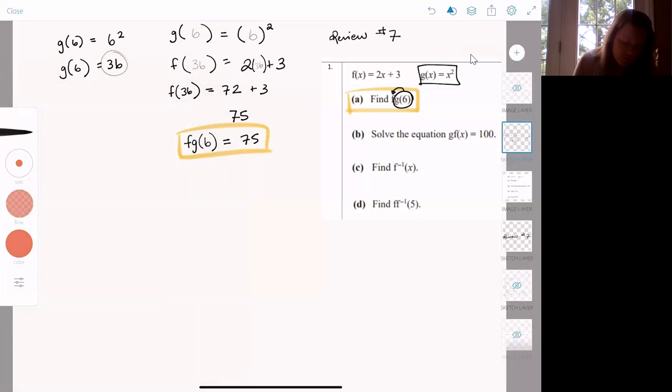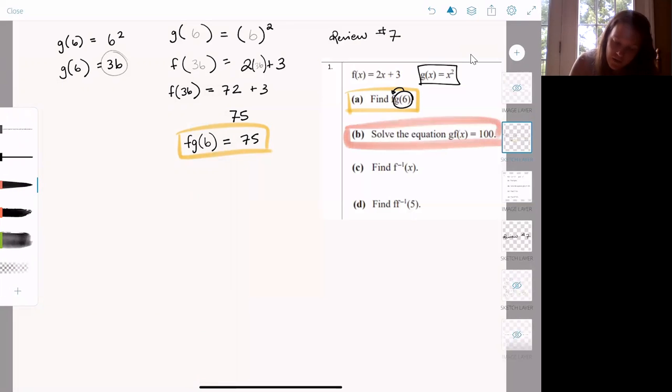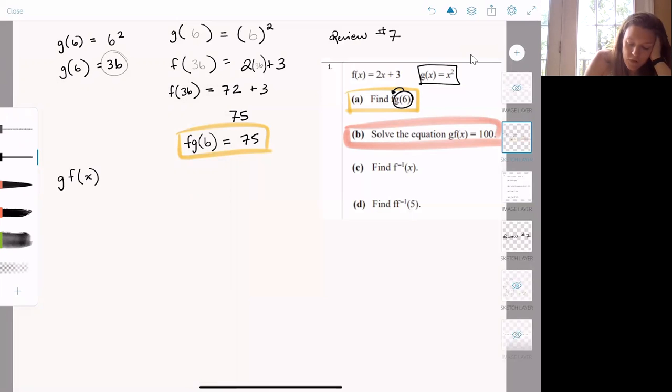All right, so now we want to solve the equation g of f of x equals 100. Okay, so now g is on the outside. So what that means is I want to take my g function here and put in open parentheses anywhere I see an x.